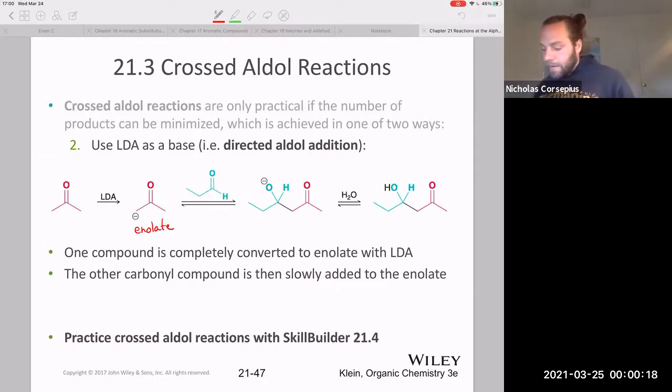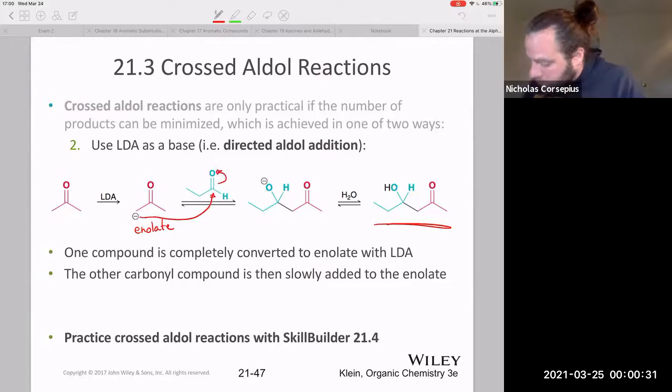Then we can titrate in our aldehyde or whatever the second molecule is to get only one of our crossed products here. Again, this is because this is acting as the nucleophile and that's our electrophile, forming our new bond located, 1, 2, 3, between carbons 2 and 3. So bottom line is if you cut your aldol in half and there are 2 different aldehydes or ketones required, the trick is you're just going to treat one of them with LDA first, then mix them together.